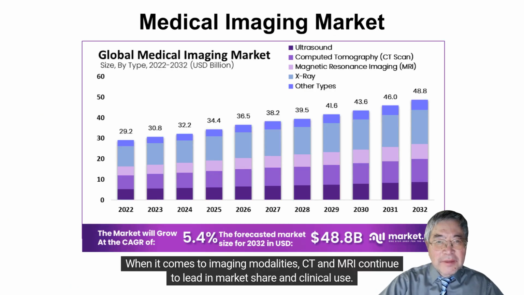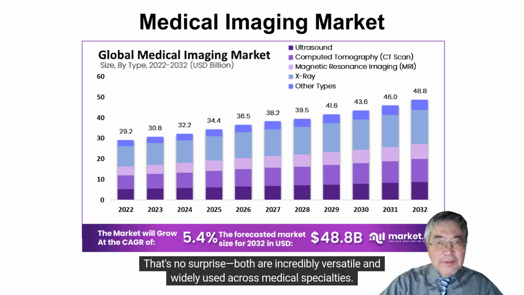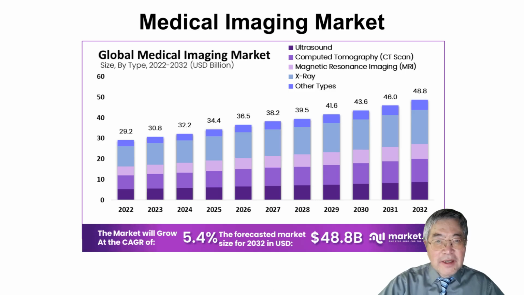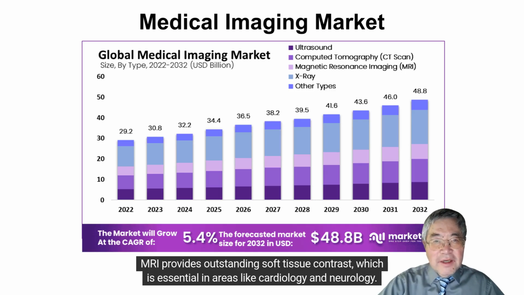When it comes to imaging modalities, CT and MRI continue to lead in market share and clinical use. That's no surprise, both are incredibly versatile and widely used across medical specialties. CT scans are fast and great for detailed anatomical views. MRI provides outstanding soft tissue contrast, which is essential in areas like cardiology and neurology.